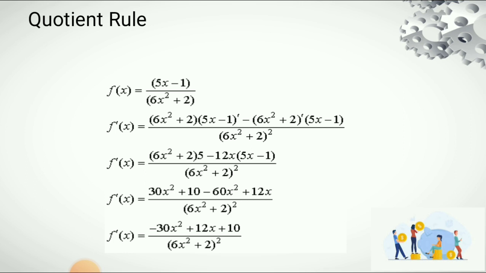In a quotient rule example, f of x is equal to 5x minus 1 over 6x squared plus 2.